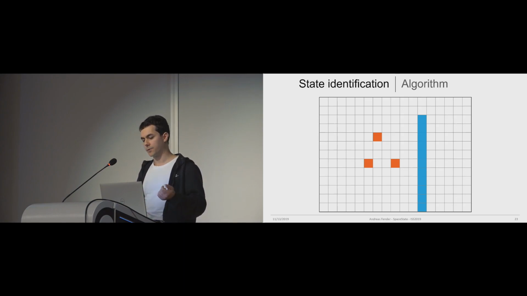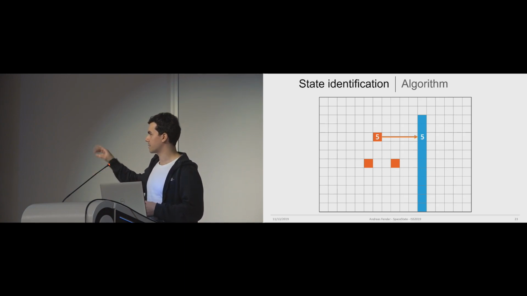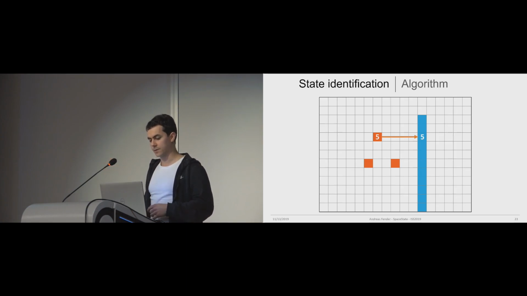And so what we do now for each of these captured points within each of these voxels, we just assess how far away is it from a captured voxel. And right now I'm just going to display it in voxel units. But of course, in the end, it's actually the score function which is being evaluated here. But for now, we just say it's 5 because it's 5 voxels away.